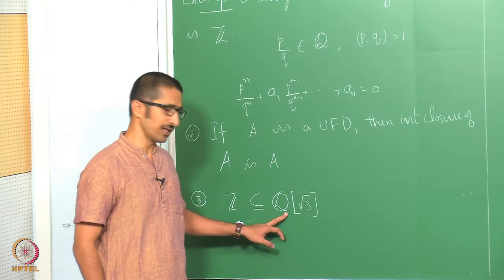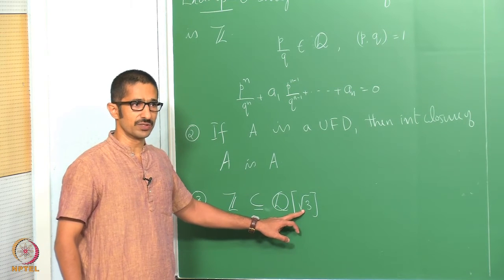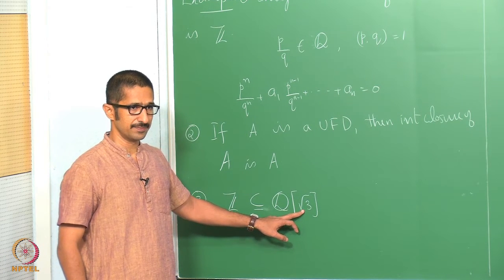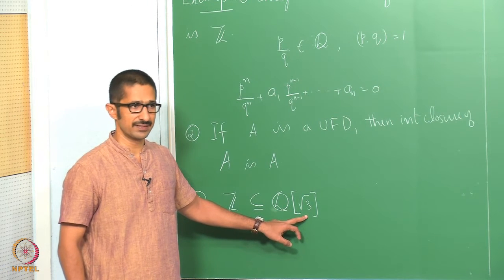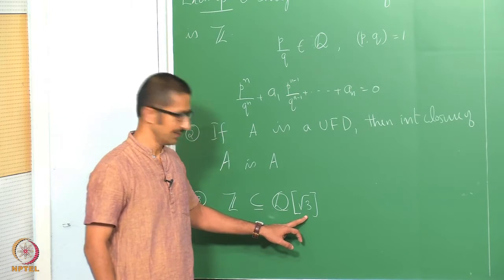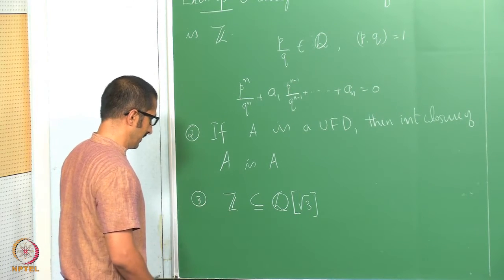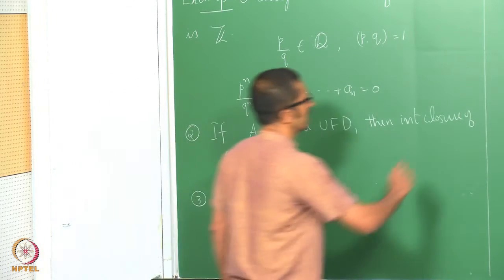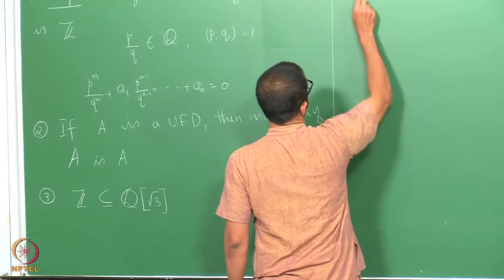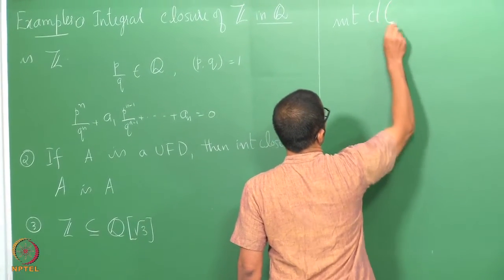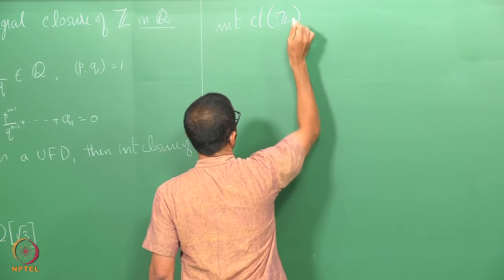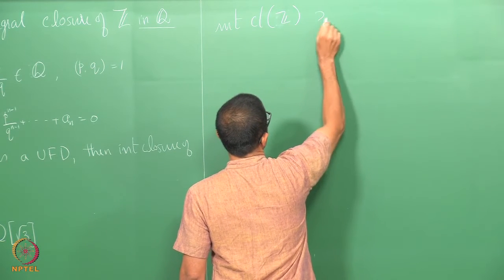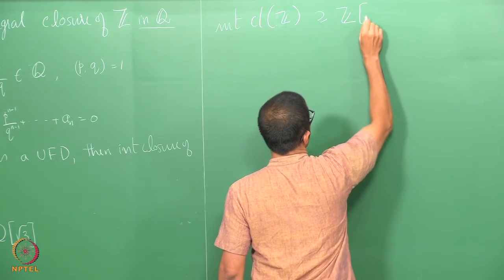Can you tell me one more element? Root 3 is there, right? Root 3 satisfies the equation x square minus 3, right. So, therefore, the integral closure of Z contains Z root 3.